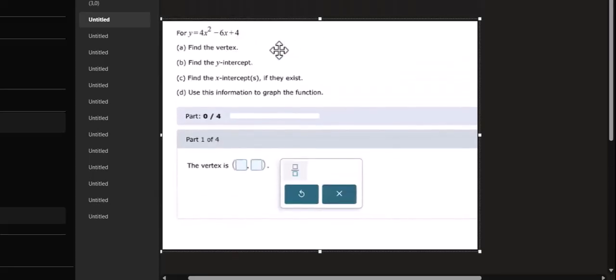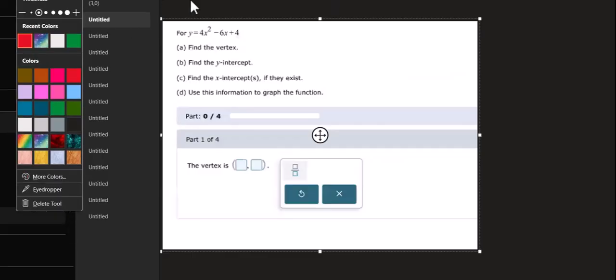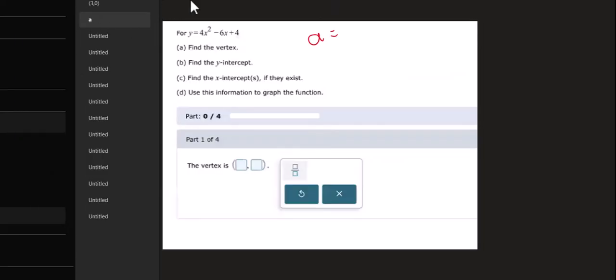Find the vertex, find the y-intercept, find the x-intercepts if they exist. Okay, vertex. So a is 4, b is -6, c is 4.